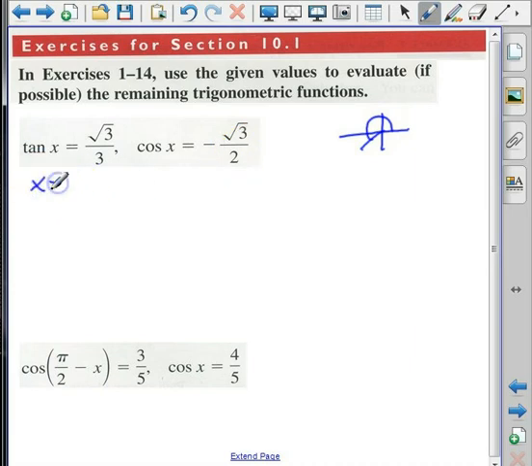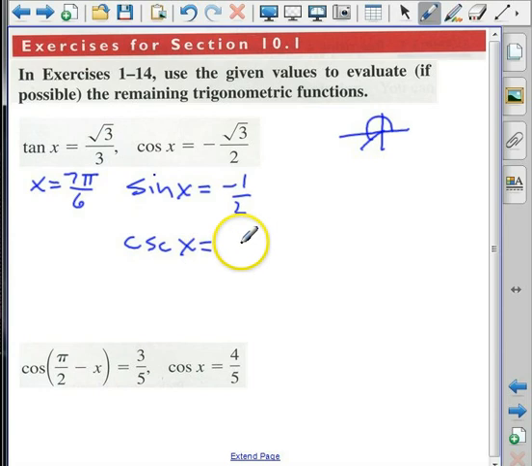The answer is 7 pi over 6. So the sine of x would be negative 1/2, and the cosecant of x would be negative 2, and so on and so on. You guys can get the rest of those, right?